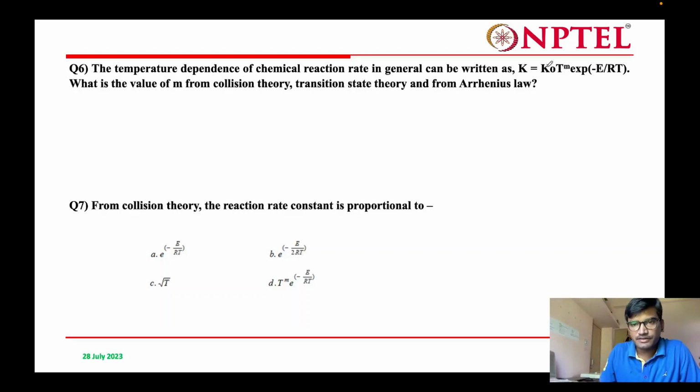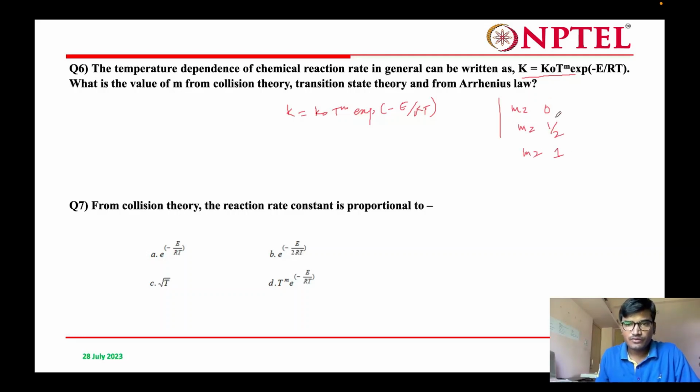So here the expression is given: k is equal to k naught T to the m exponential minus E by RT. Right. So m is equal to 0, m is equal to half, m is equal to 1. Now put m is equal to 0 in this equation.